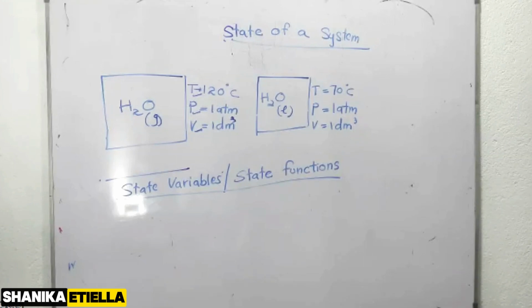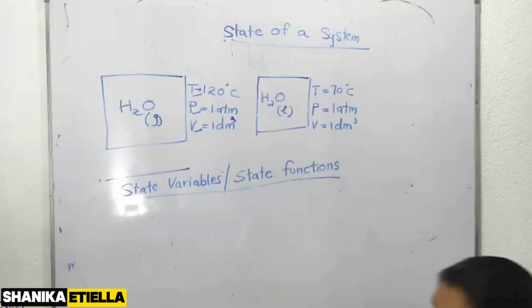Variables like pressure, volume, temperature, and composition that are used to describe the state of a system are called state variables or state functions.